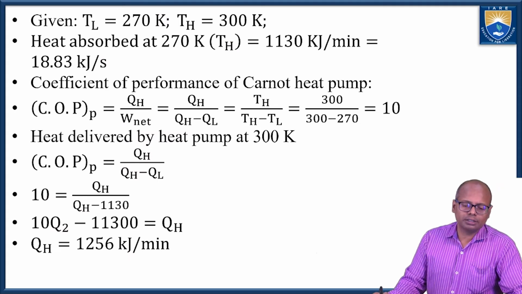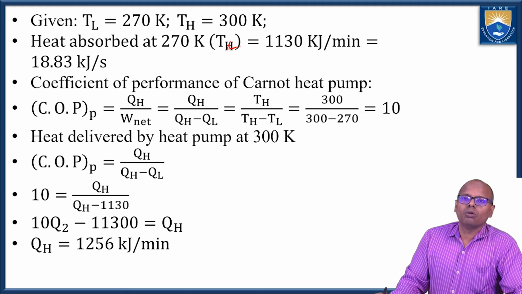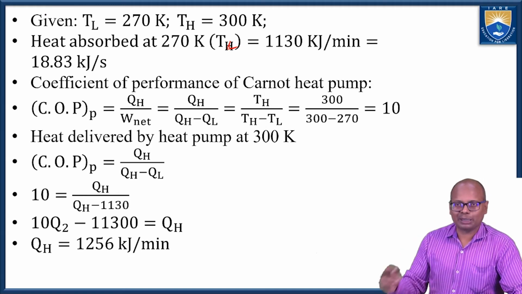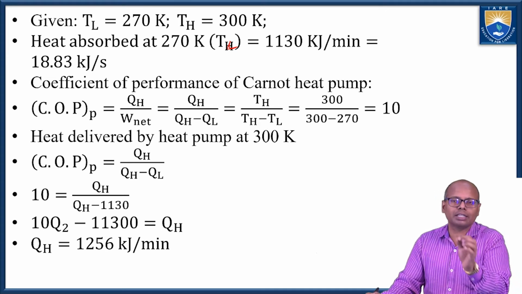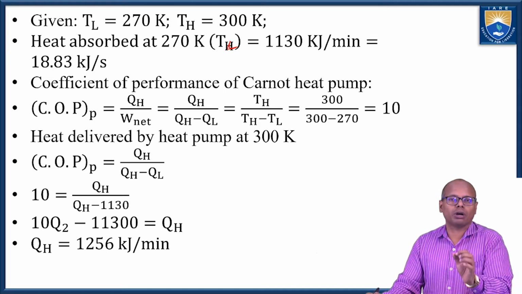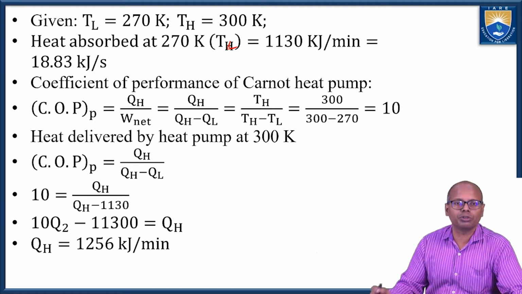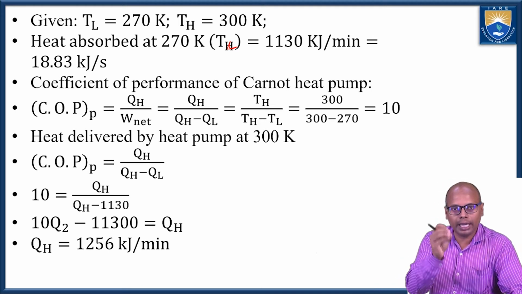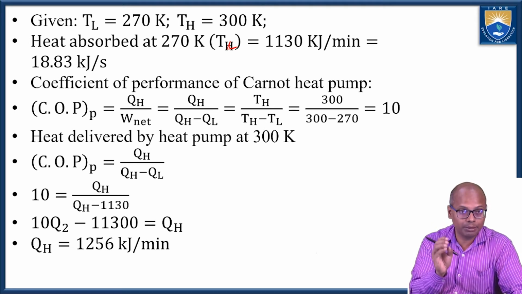Now what is the next bit? Next bit is what is the COP of the heat pump. As soon as the question says heat pump, what should we remember? We should remember that the aim is to supply heat to the hotter room.